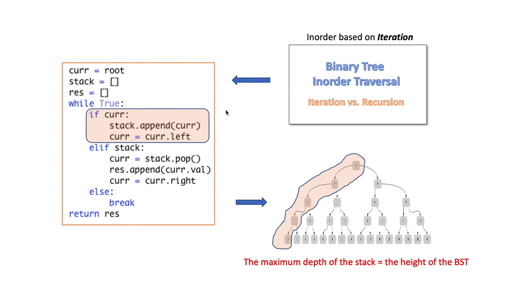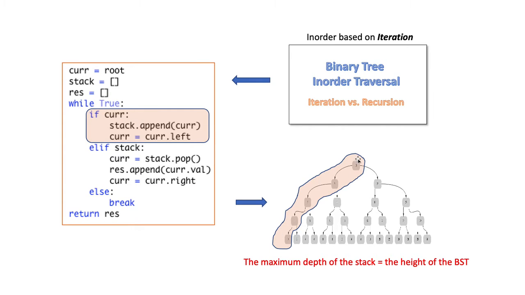However, the most important distinction here is that we are using a while true loop, and certainly it's a lot easier to exit out of the iterative loop. If we look into this implementation a little bit closer, you can see this part is the left subtree traversal part.